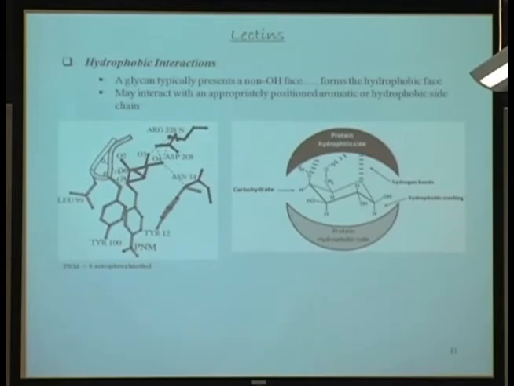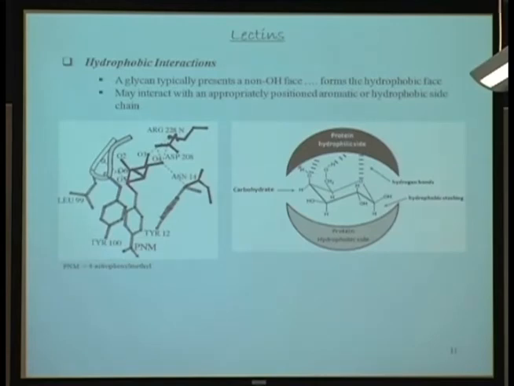Believe it or not, hydrophobic interactions may also play a role. So how does it come about? Here we are presenting the glycan. This glycan in this particular crystal structure has been modified at the reducing end by an aromatic ring.